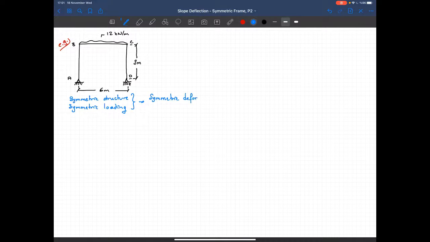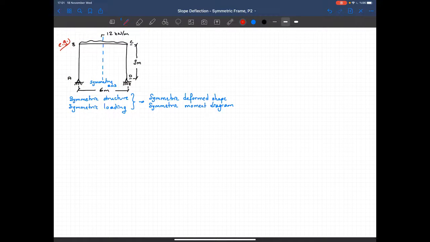This is why should it be different. And also we expect to see a symmetric moment diagram. So we said that, okay, in this structure, that's our symmetry axis. So whatever I see on this side, I should see the mirror image on the other side.